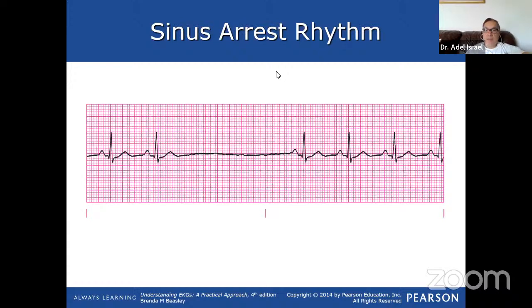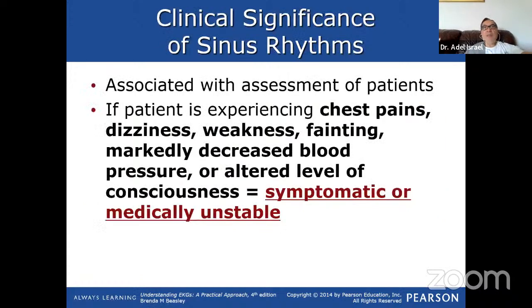Another one. Let us go. We have to read the clinical significance of sinus rhythms, where we know that if the blood output of the heart is not sufficient, we will start to get weakness, fainting, dizziness, and decreased blood pressure.